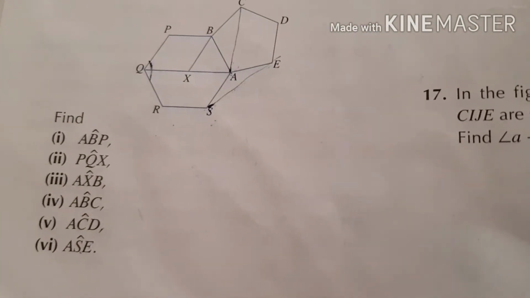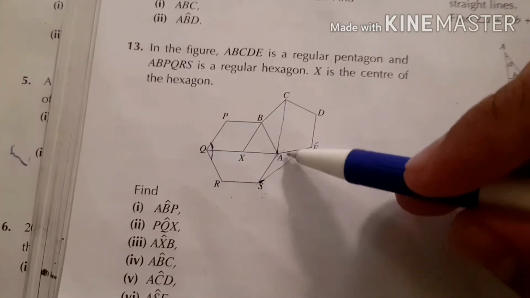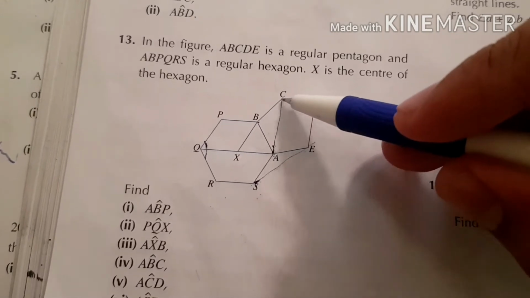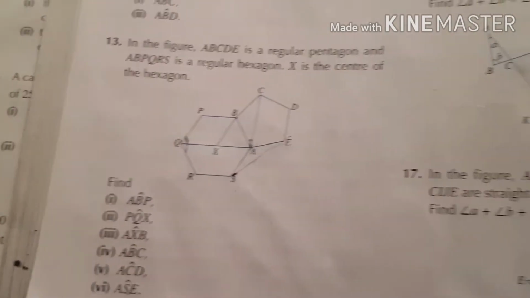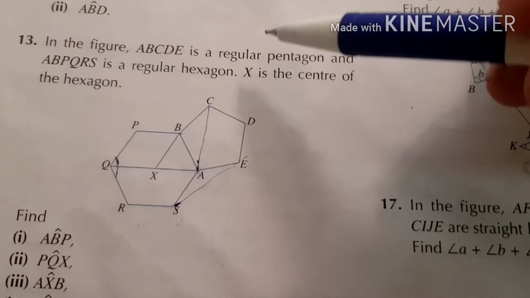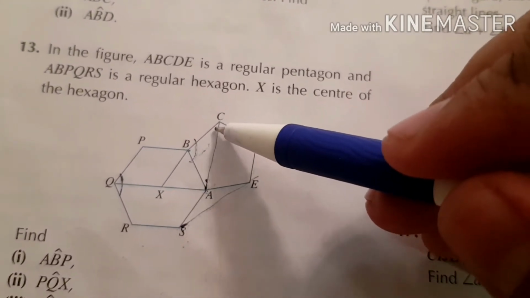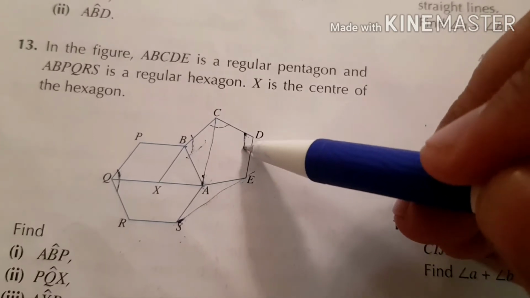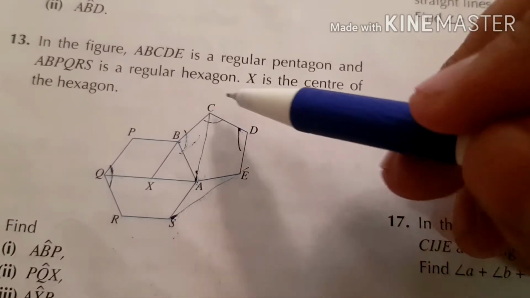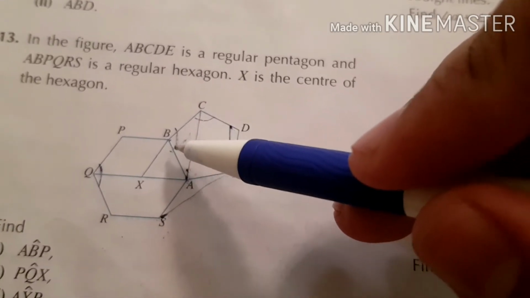Then moving on to the fourth part, it says ABC. ABC, that means A, B, and then C. We have to find out this angle. So for that, the easy way out is to find the value of each interior angle of a pentagon, because this is a pentagon, and if we find the size of each interior angle, definitely we will be done with the value of B. So we did the same.